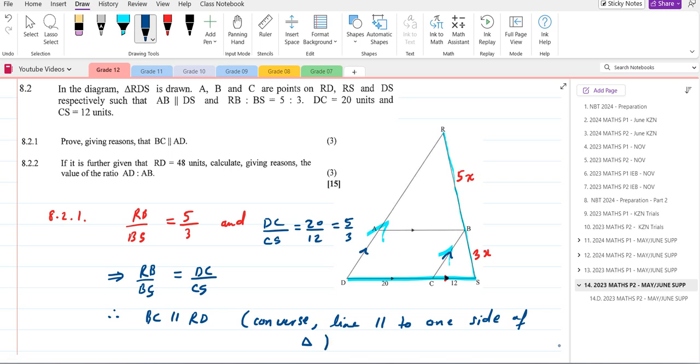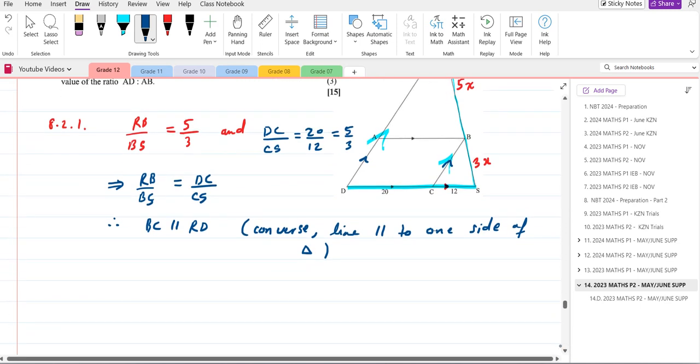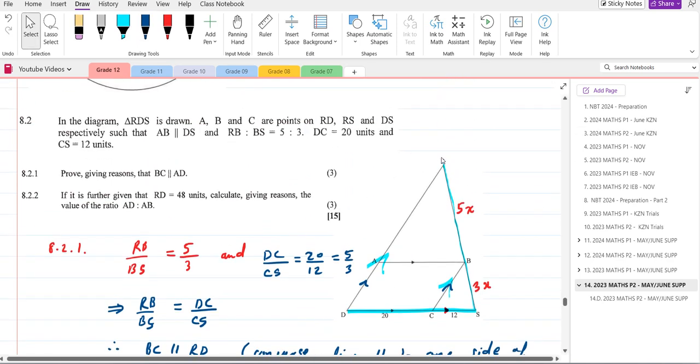Or you can say sides in same proportion. Therefore now BC, because it lies on the same line, BC is now parallel to AD, because these points are collinear, it lies on the same line.